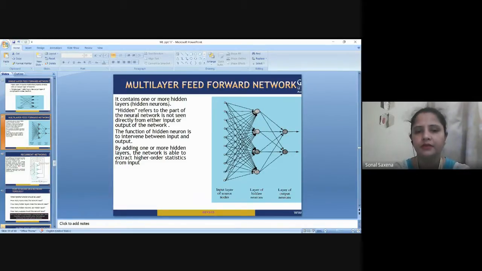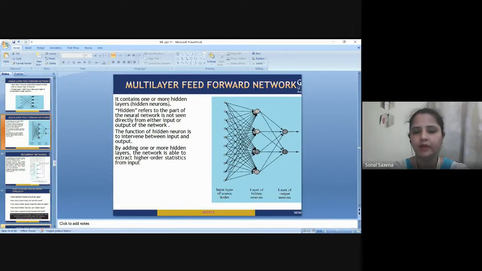And here, when we say the term hidden, it refers to the part of the neural network which is not seen directly from either input or output of the network. So the function of hidden neuron is to actually intervene between input and output.